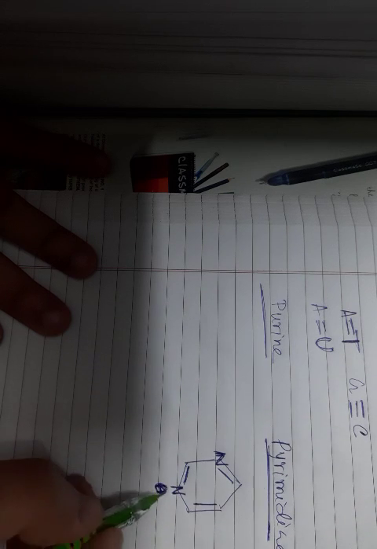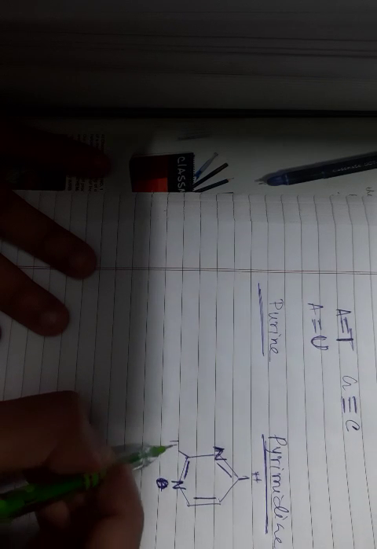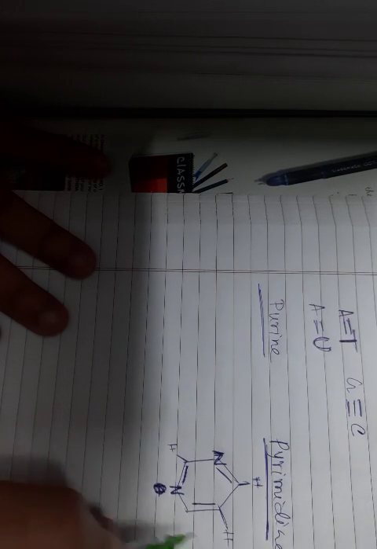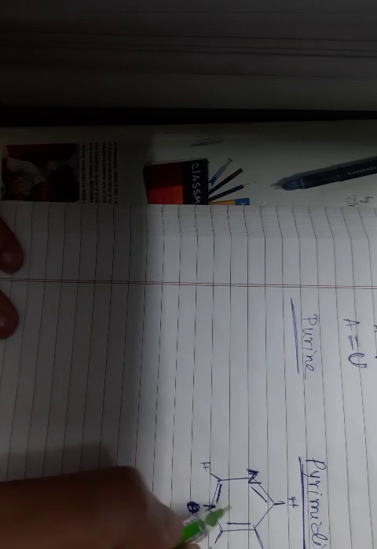There is no H out here, and if you want to show the H, here is one H, here is one H, and here is another H. So this is the structure of pyrimidine, and the numbering is like this: 1, 2, 3, 4, 5 and 6. This nitrogen is given the first number. And now let us see the structure of purine. Purine is a 9-membered ring, and it has 2 rings.